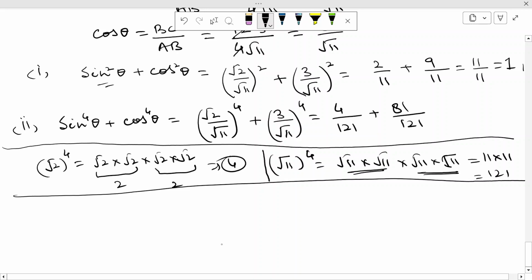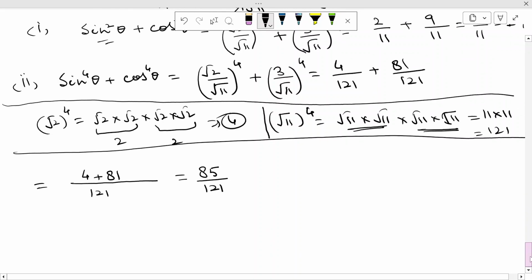So we continue from here. When you take the LCM, you obtain 121 and 4 plus 81. So this is coming out as 85 over 121. This is the value of sine to the power 4 theta plus cos to the power 4 theta.